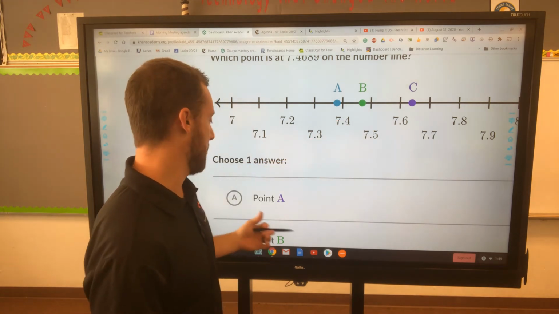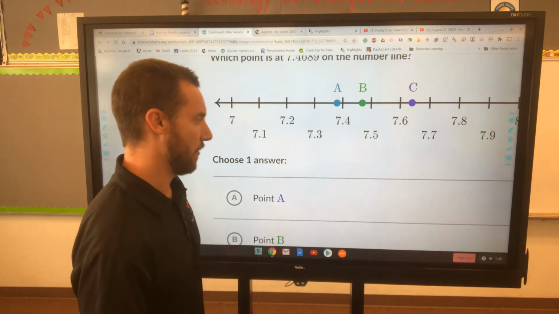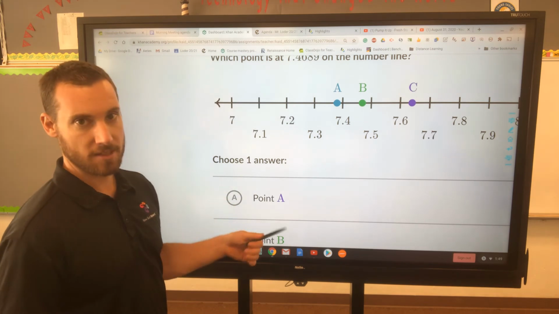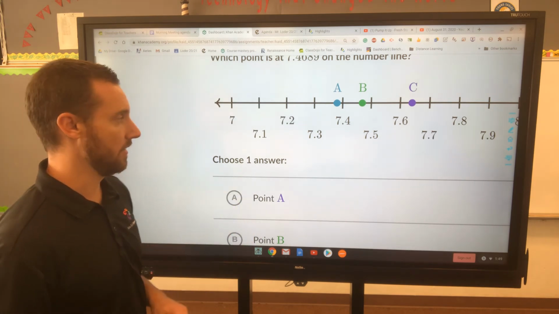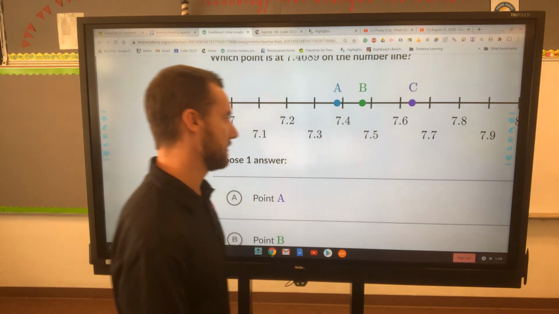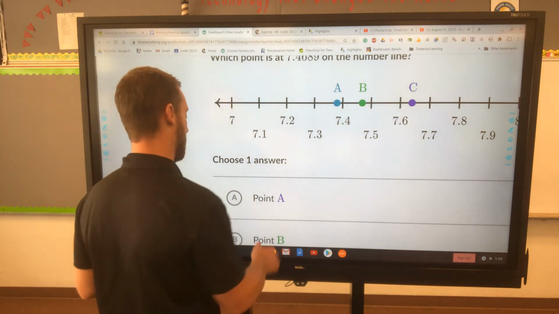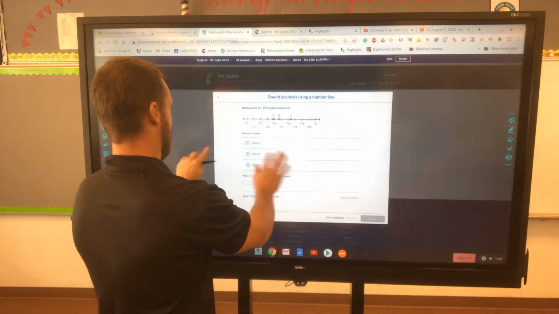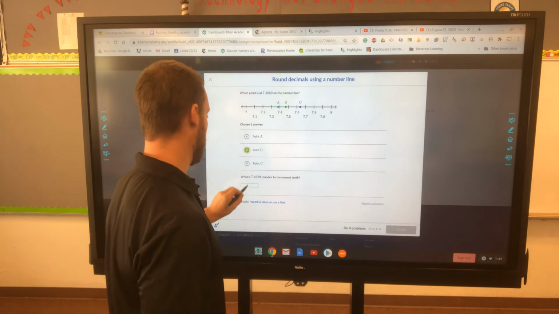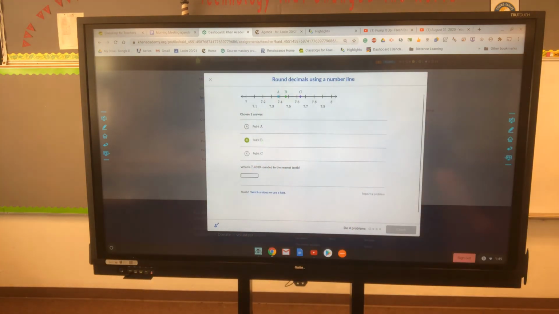Now we were able to figure out what 7.5 was, or we were able to round it, using the 5 or more, let it soar, or 4 or less, let it rest. But you could also use the number line and say that, hey, that's really close to 7.5. That must be the right answer. So let's go ahead and do a couple more of these. So we said that was B, and this one, I gotta type really quick, 7.5. Yes, 7.5. And then click check.